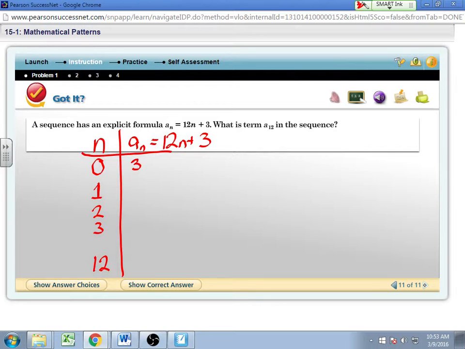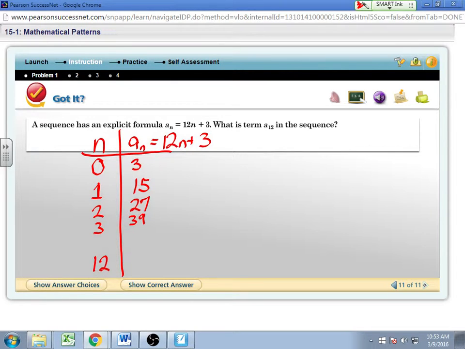So what would a sub 1 be then? 15. What would a sub 2 be then? 27. How can I do it without plugging the values into the function? Yeah, we just know everyone is going to add 12. So from my second term to my third, I can just add 12. So that's going to be 39.